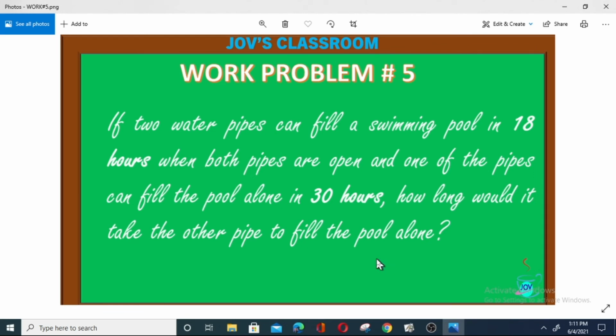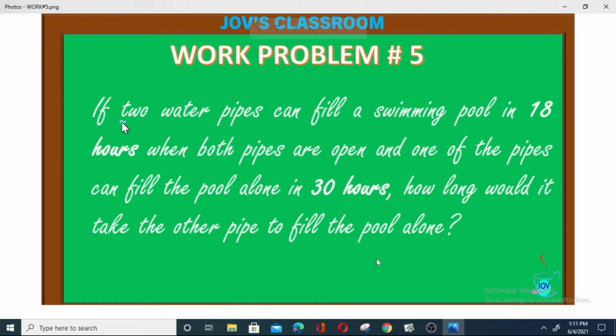Okay, so there are 2 water pipes to fill in 18 hours. So that is 1 over 18 hours.